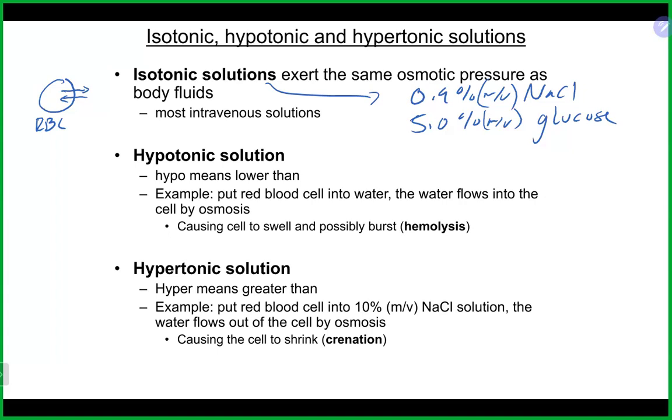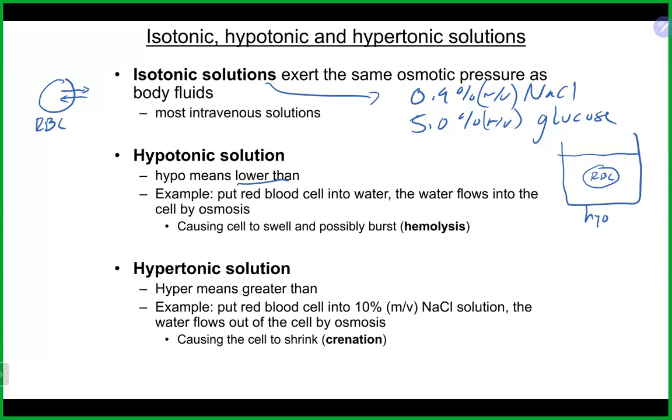But if you give somebody a hypotonic solution, hypo means lower than, so that would be a solution that is lower than 0.9% sodium chloride, lower than 5% glucose. You're going to run into some trouble. If you take your red blood cell and put it into a hypotonic solution, that means that outside of the cell is now less concentrated than inside the cell.